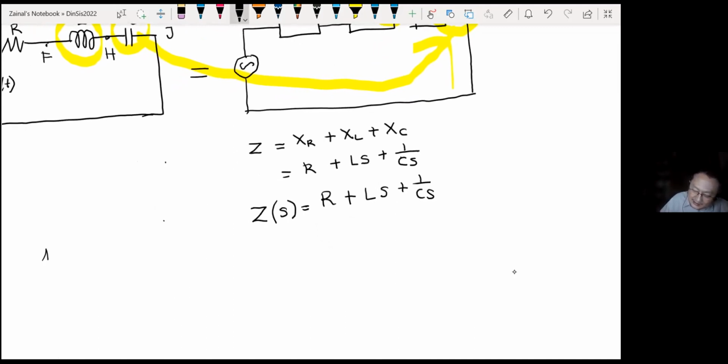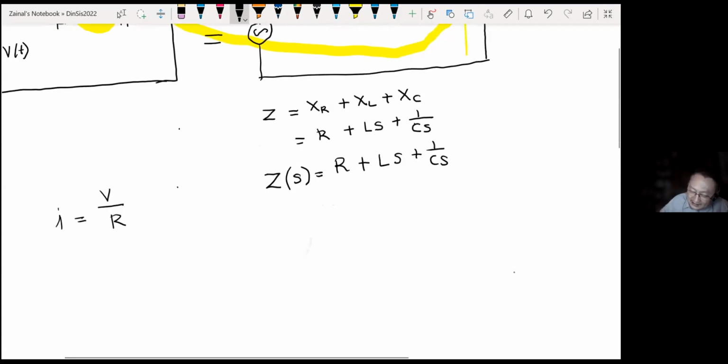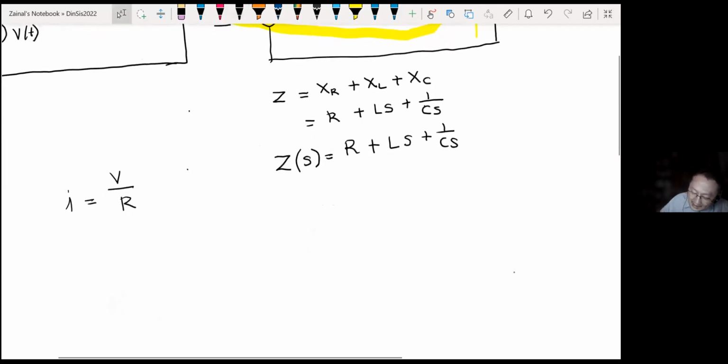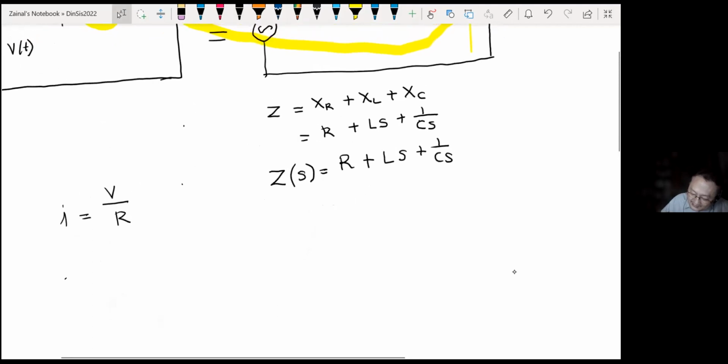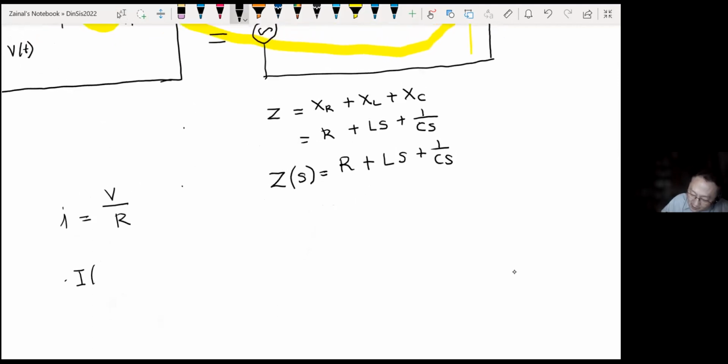I want to show you something. I is equal to V divided by R for DC. For AC, we have I in general form equal to V(S) divided by G(S), something like this, right?